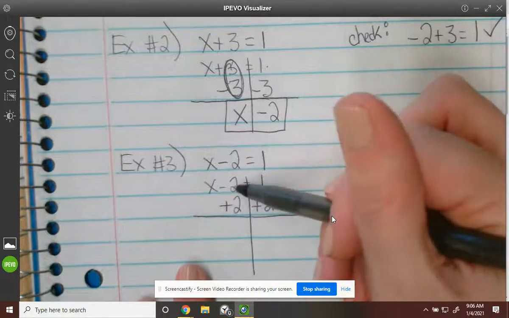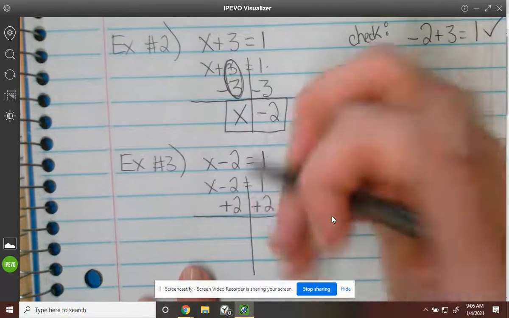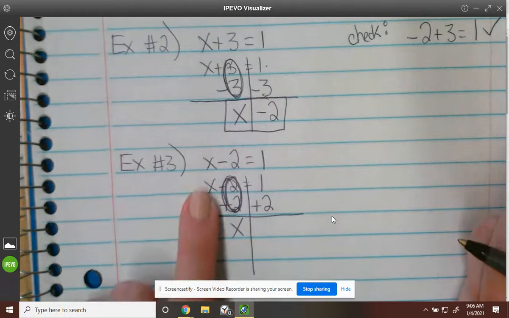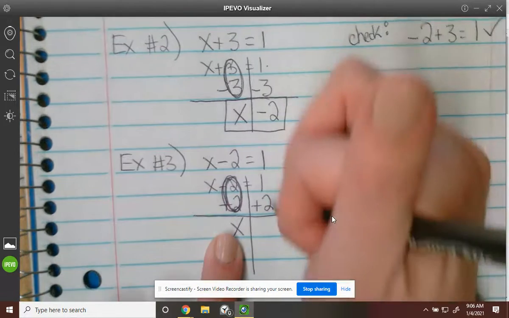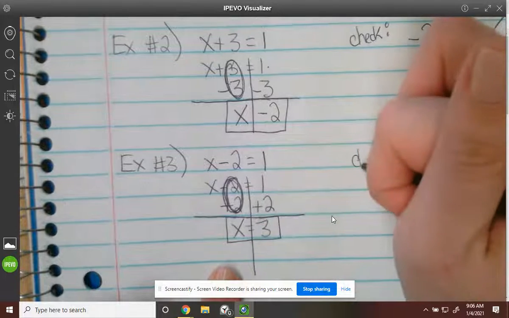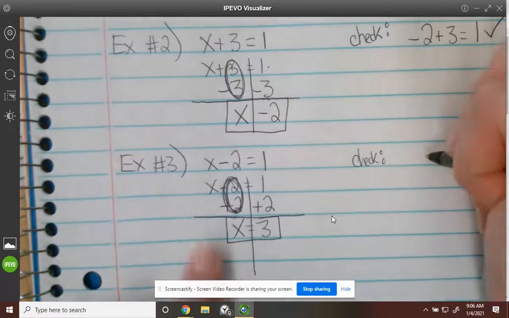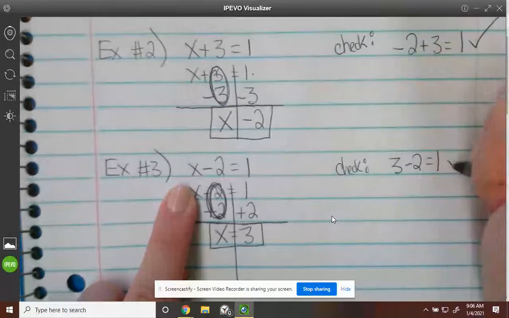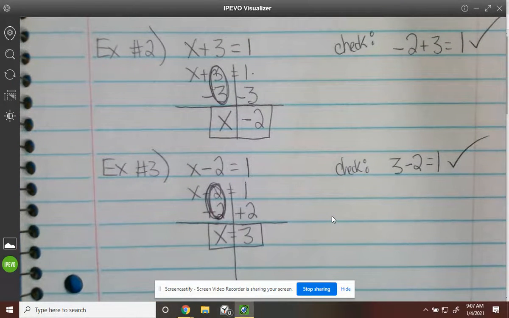Same thing happens here. A minus and a positive of the same number always equals 0. So I have x there, and then 1 plus 2 is 3. So 3 minus 2 equals 1. I don't even have to use a calculator for that because I know that's correct.